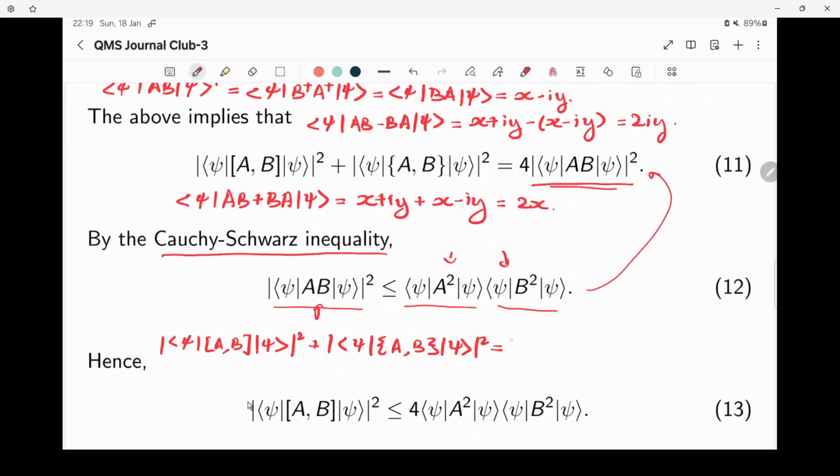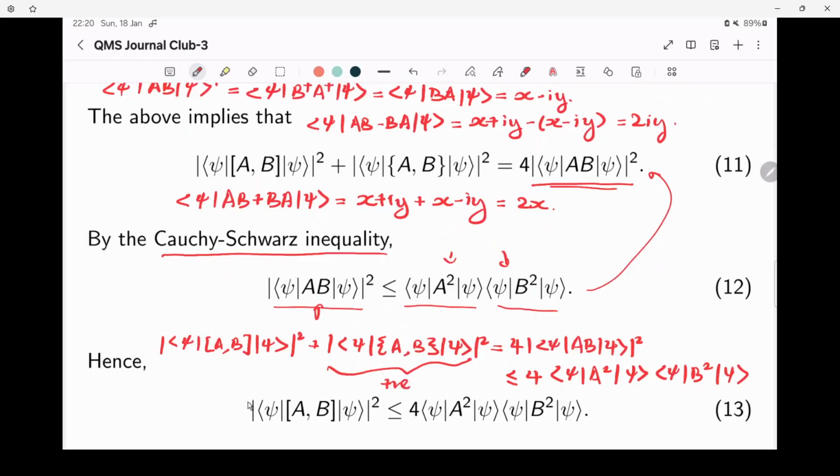So this is the right hand side. And you know that this is smaller than or equal to 4 times this. Then you can ignore this term because it is a positive term.